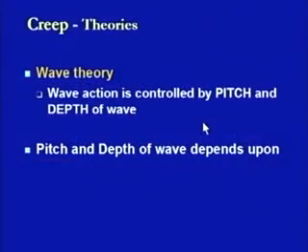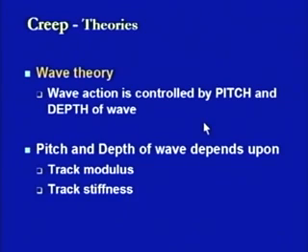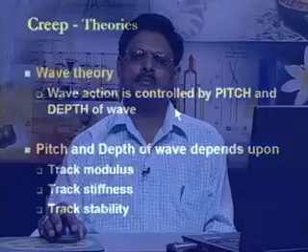Now, this pitch and depth is going to depend on certain factors. Those factors are track modulus, track stiffness and track stability. What it means is, if we are looking at the depth or the pitch, just assume a condition where the sleepers are provided very closely to each other below the rail section.